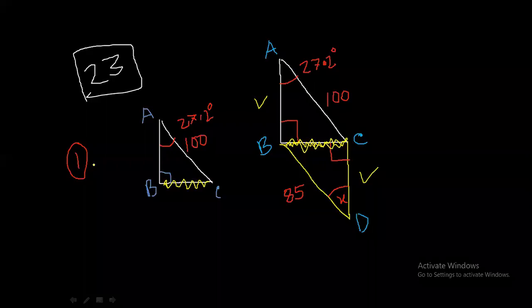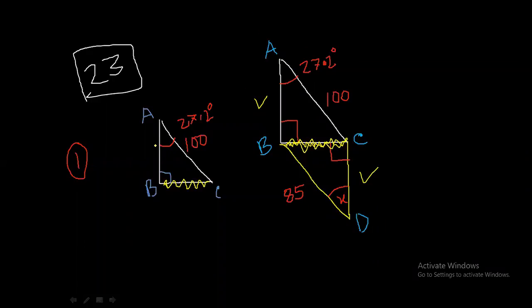From picture number 1, the value of this angle is given. So I have to consider the value of angle A. That means angle A is the respective angle of this triangle. So BC is just opposite of angle A. So BC will be the perpendicular line for this triangle.